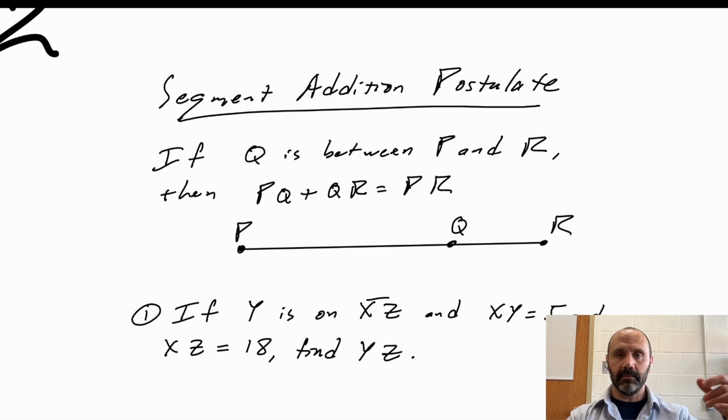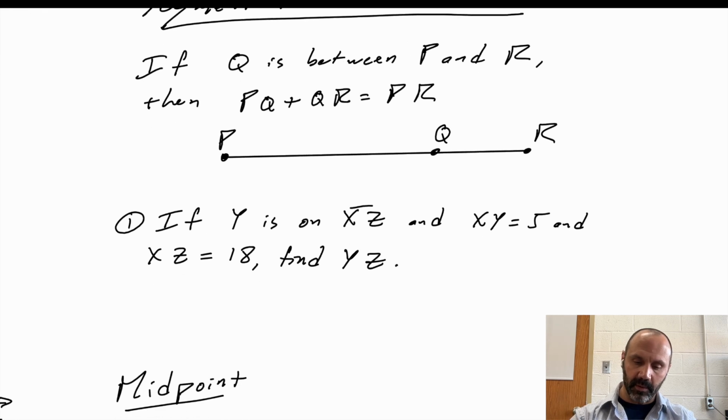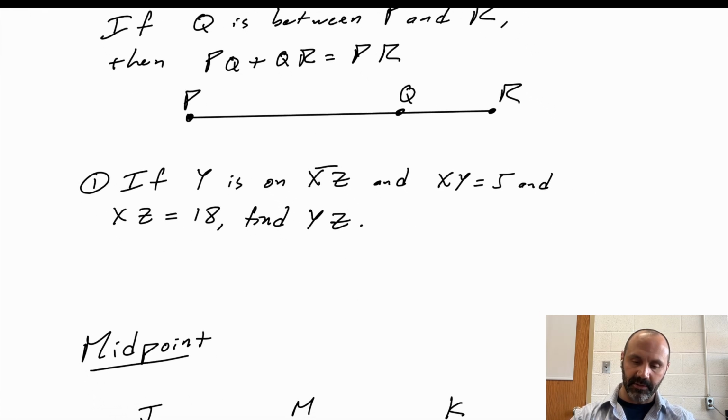And we can't prove it from, but it does follow from the ruler postulate, just the way that we assign measurements to be taken. And so here's an example, right? If Y is on segment XZ and the length of segment XY is 5 and the length of segment XZ is 18, find the length of segment YZ.